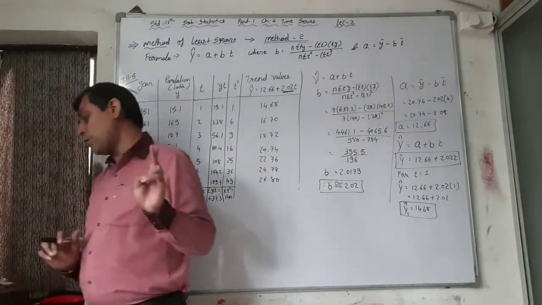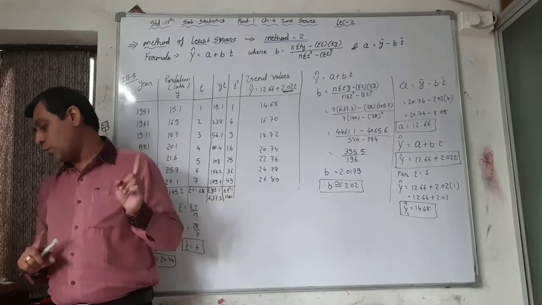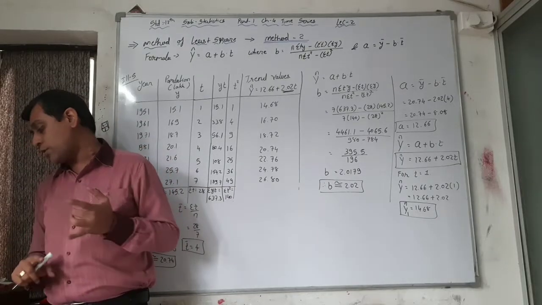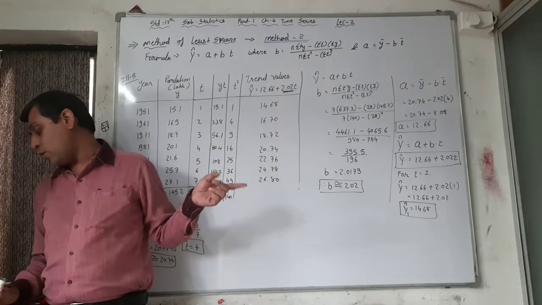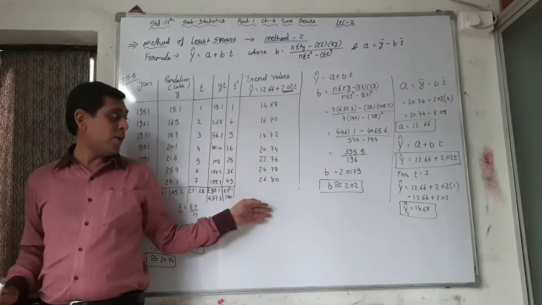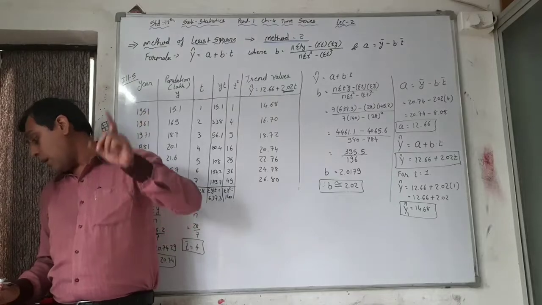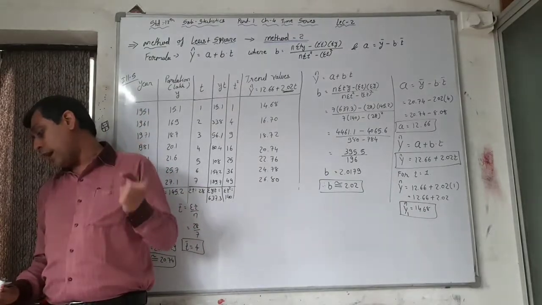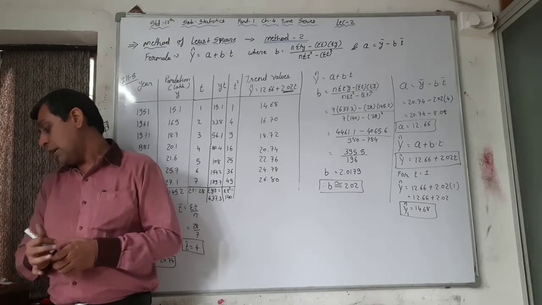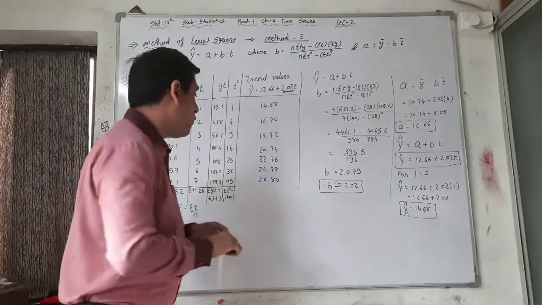So the second question is also over. The first question was to fit the linear equation for the data. The second was to find the trend values for each year. This is the third question: also find the trend estimate for the population in the year 2021.